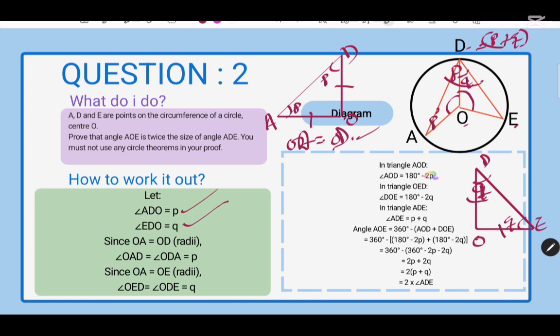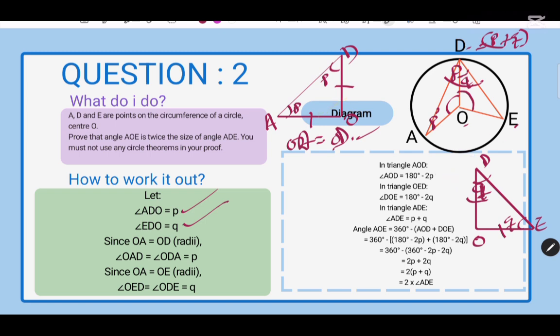Angle AOD, that is this angle here, is actually equal to 180 minus 2p, which is clear. So I sort this one out.